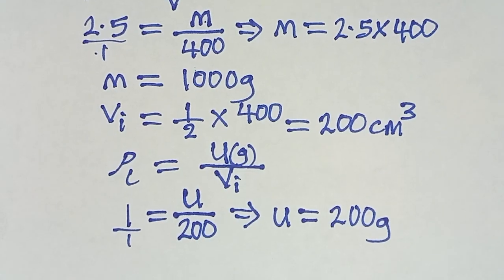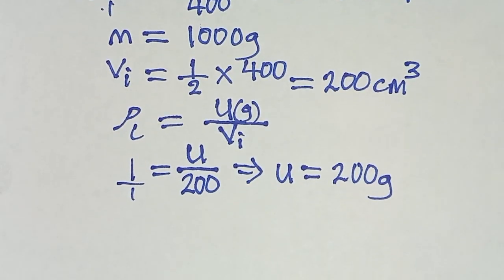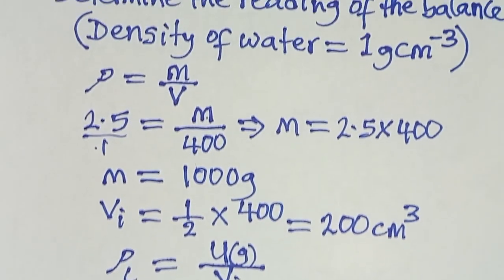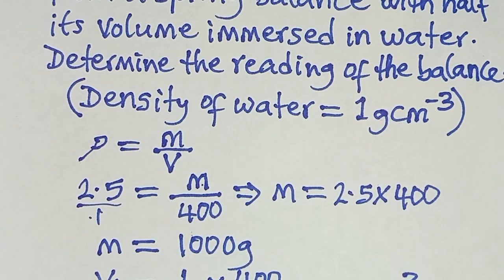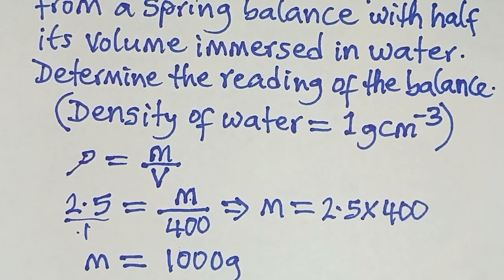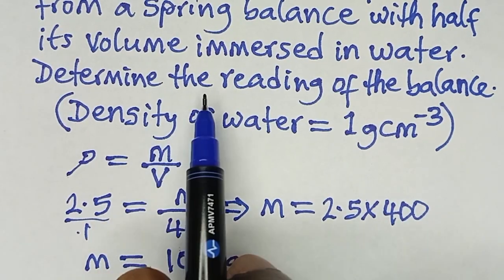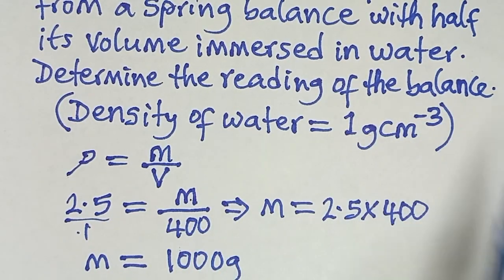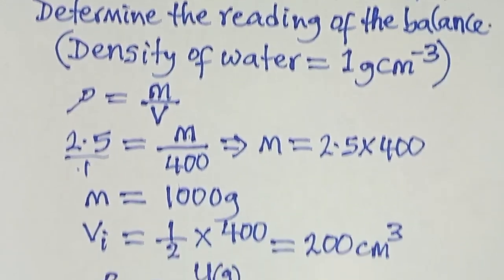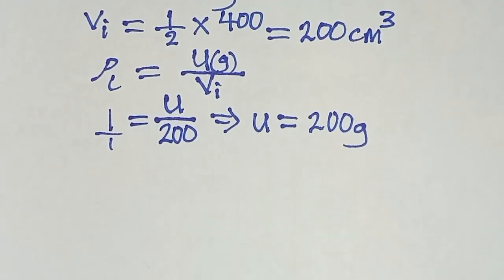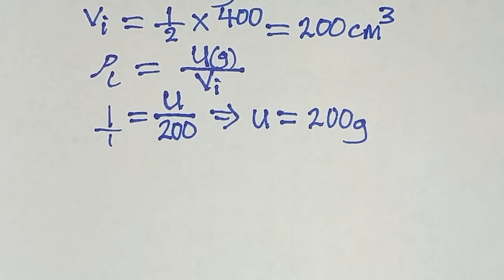Now, after obtaining the upthrust, we are to find the reading of the spring balance when it is immersed in the water. Don't forget, that is what the question asks us to calculate: determine the reading of the balance. So let me write the formula that we need finally to do that.